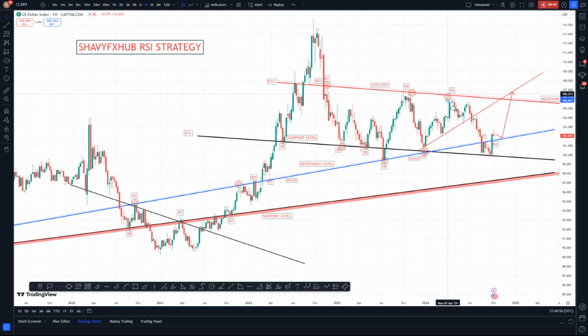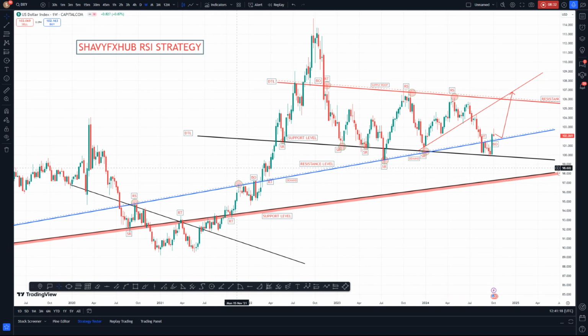JPY, GJ, AU, ZAR, CH, Swiss franc. So technically, the price action of DXY has a direct correlation, a direct market effect on all the pairs mentioned.